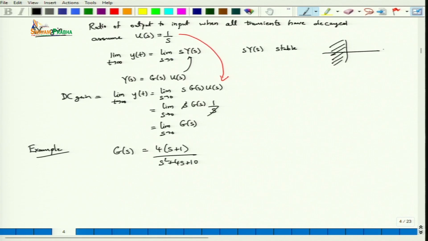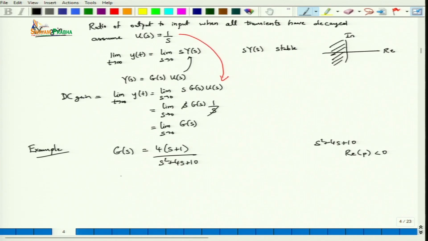If you draw the s plane, with the real part and the imaginary part, the poles should be in this half. If we look at this, we see that the real part of the roots of s square plus 4s plus 10 will be less than 0.